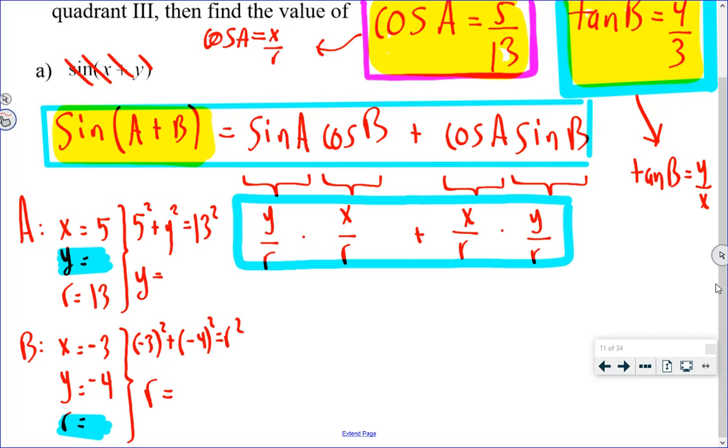Many of you probably know whenever you have 3 and 4 on a Pythagorean triangle, the hypotenuse is 5, so r is 5 here. And some of you might know that another perfect Pythagorean triple is 5, 12, 13. Can you confirm that when you take 13 squared and subtract 5 squared and then take the square root, you get 12?